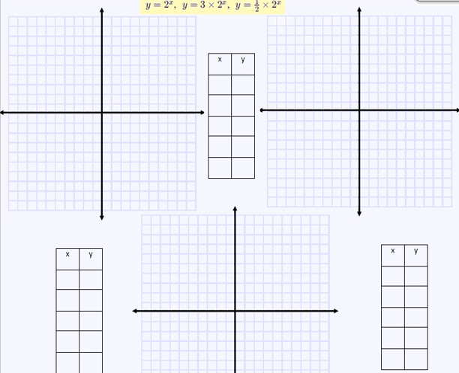Okay, some more transformations here. We've got, again, y equals 2 to the x, with points 2, 4, and 8. Okay, so we want 3 times that. X values in, we've got 1/4 times 3 is 3/4. This will be 3 over 2.